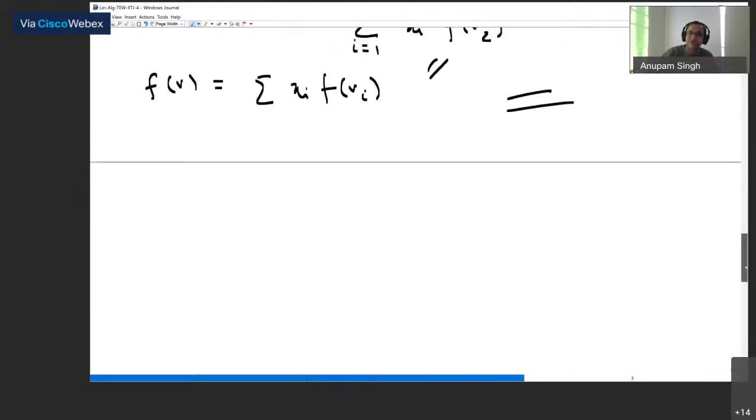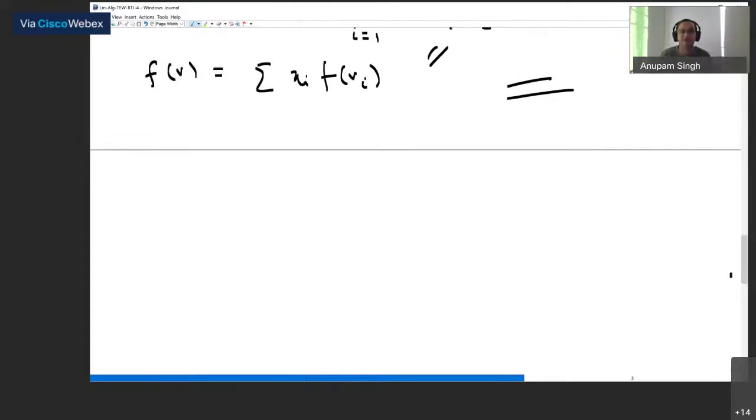Okay, so once I have this, now I'm ready to define the adjoint map. So this is the theorem. Of course, as you realize, in the theorem I already assumed that V is an inner product space.